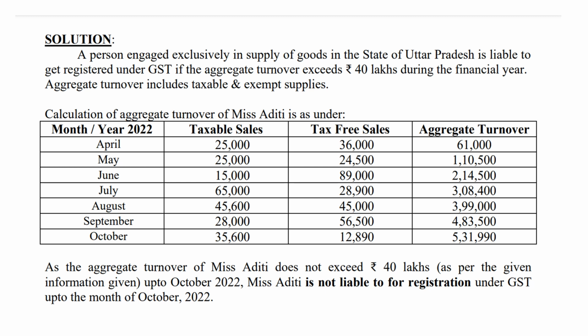So till the last month, October, the aggregate turnover is 5,31,990 and the limit is 40 lakhs. So Miss Aditi has not crossed the limit. So in the solution, you will write: the aggregate turnover of Miss Aditi does not exceed rupees 40 lakh as per the information given up to October 2022. Miss Aditi is not liable for registration under GST up to the month of October 2022.